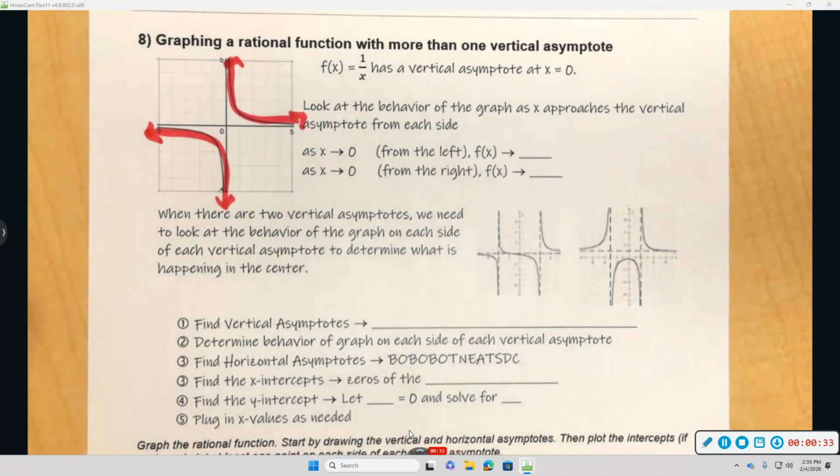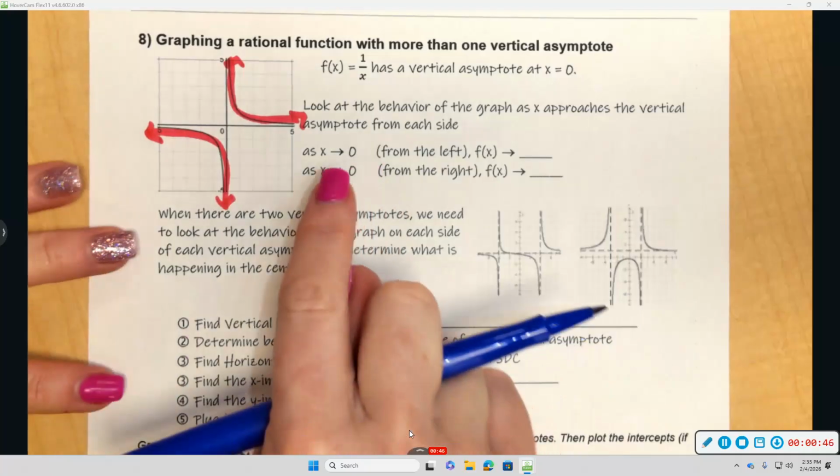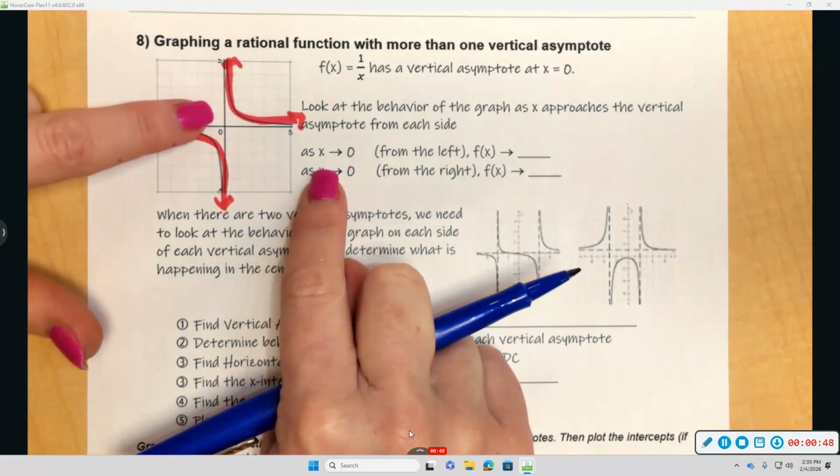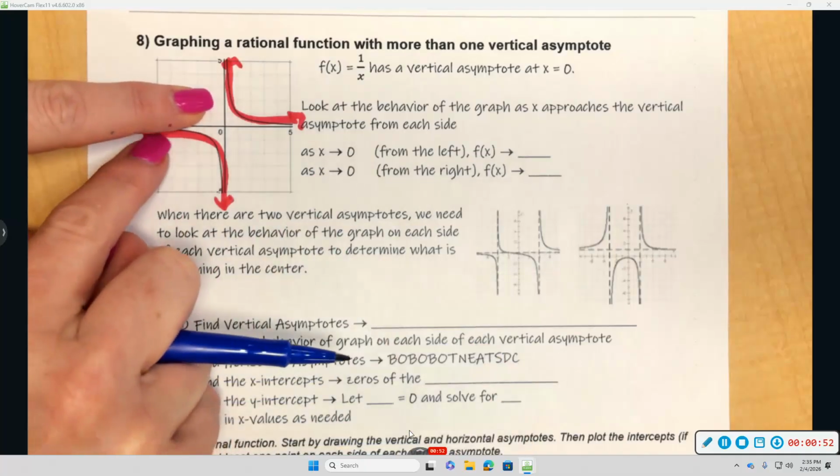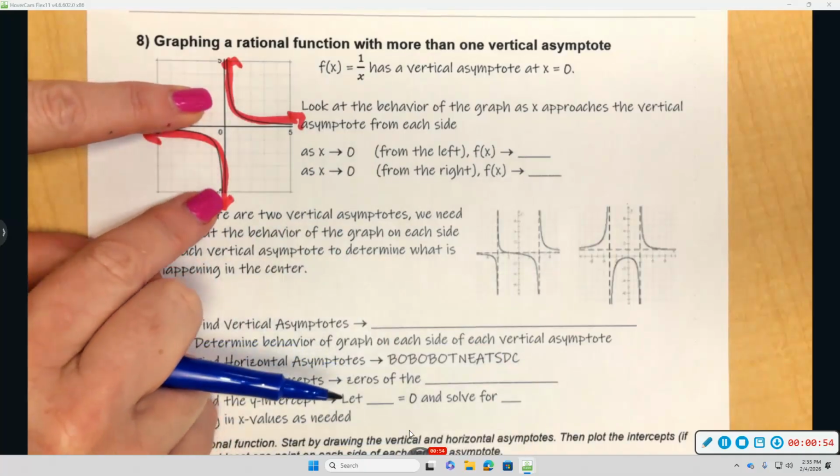I just want to pay attention here and look at the behavior of the graph as x approaches that vertical asymptote from each side. So we're thinking about this vertical asymptote and what happens as the graph gets closer and closer to it.